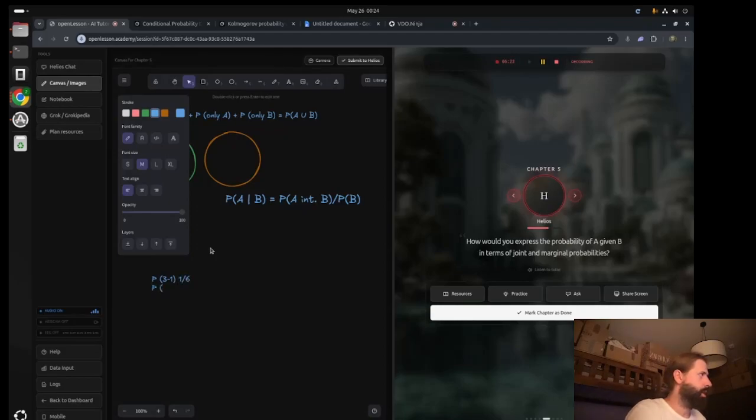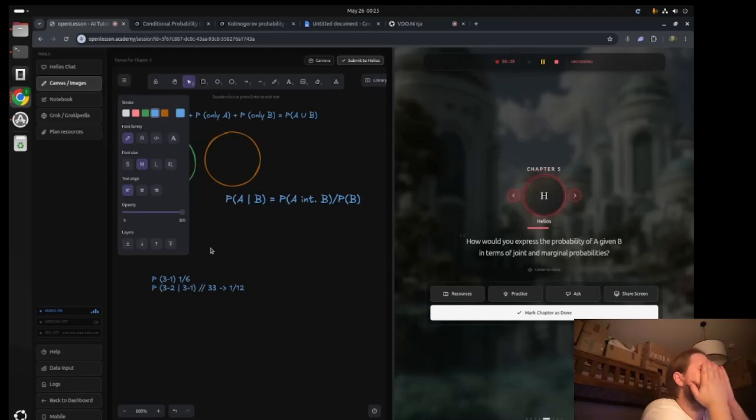The probability of the second being a 3, conditional to the first one being a 3, is essentially, we're looking for the 3-3 combination, and we know that this is basically 1/12, right?